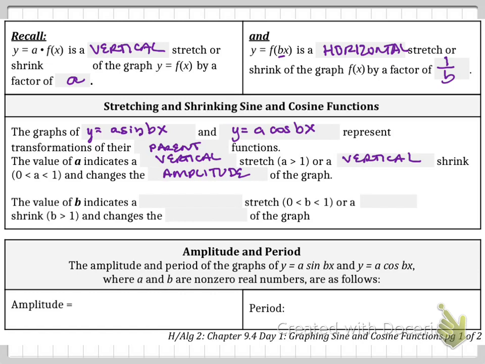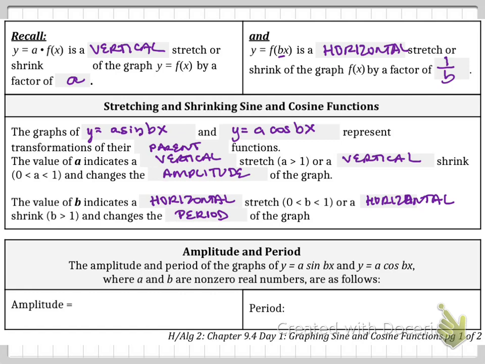The value of b indicates a horizontal stretch if b is between 0 and 1, or a horizontal shrink if b is greater than 1, and it changes what's called the period of the graph.